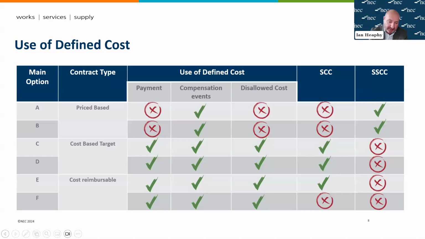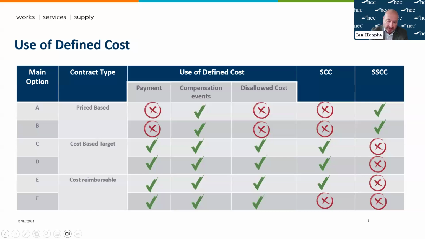Okay, great. So this slide I think is very helpful because it shows you how defined cost is used under the different main options and also how that relates to the relevant schedules of cost components. So under all main options, defined cost is used as the basis for assessing a change to the prices due to a compensation event.